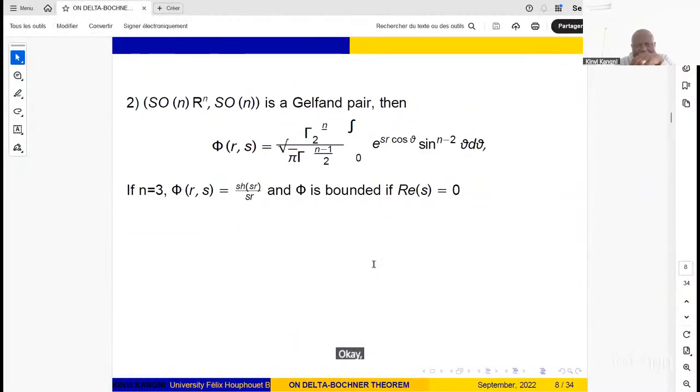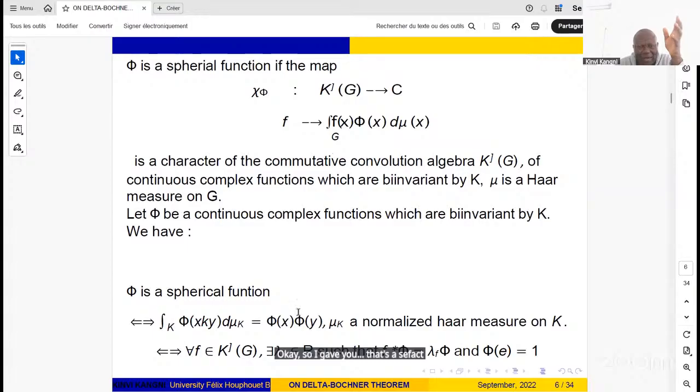Okay, so we are here. I give you a first example of a spherical function.